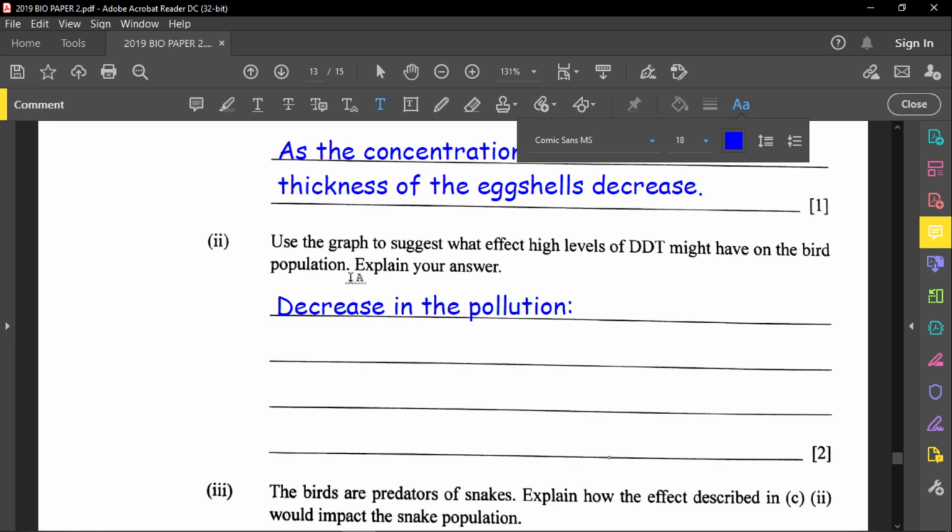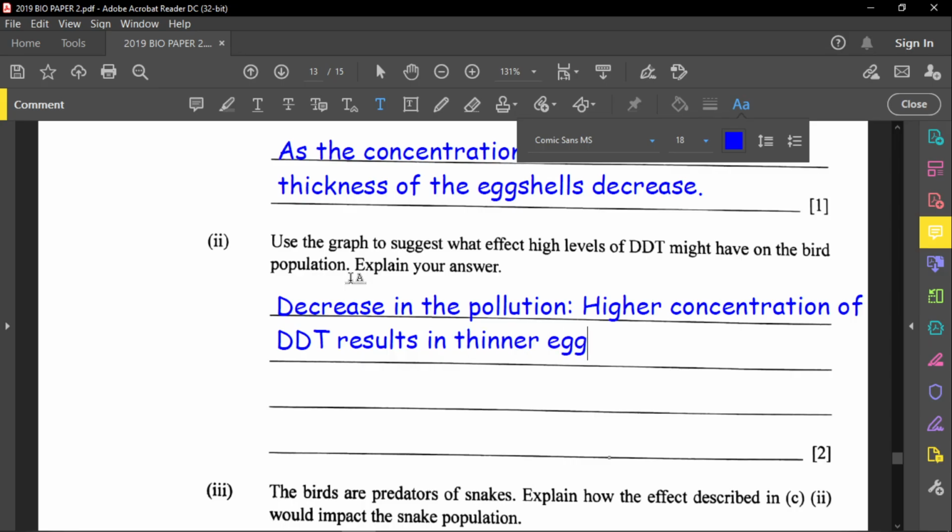And the reason for this is because a higher concentration of DDT results in thinner eggshells, hence lower chances of eggs being hatched.